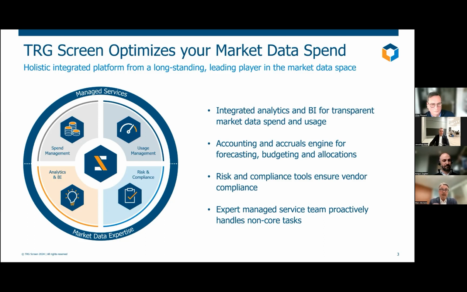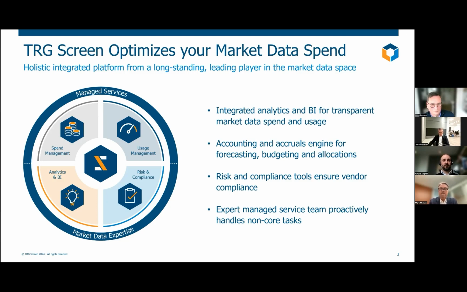Now, wrapped around all these services and our platform are our managed services. We have at TRG Screen a global team of market data experts that are focused on proactively managing your expense and undertaking all of your non-core tasks.